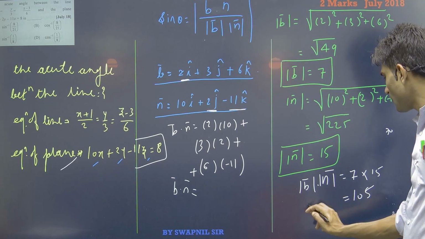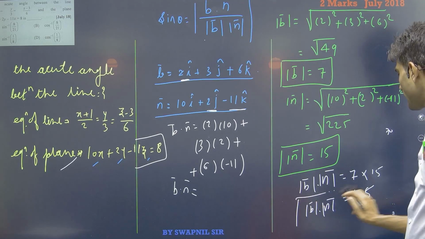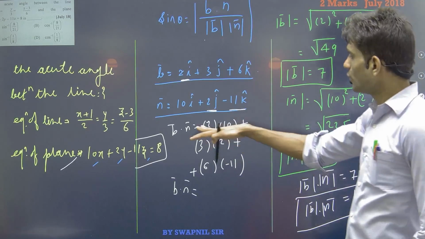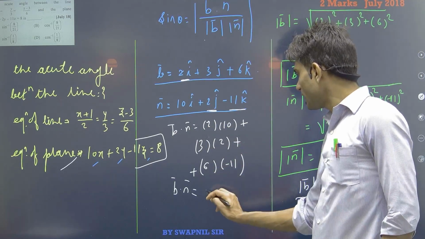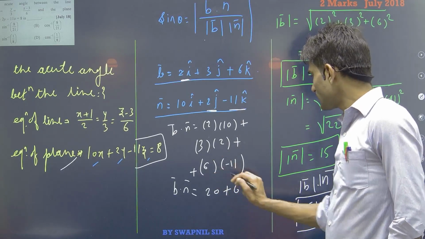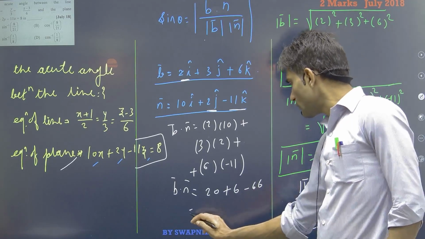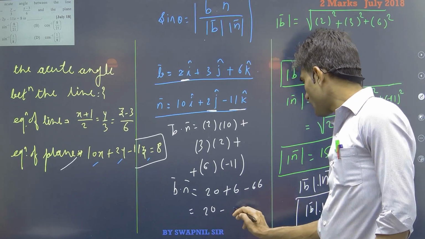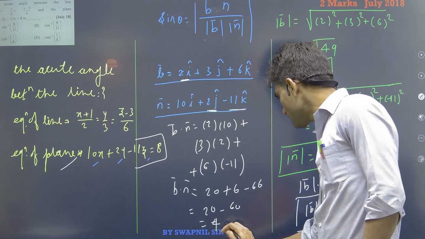So I got the modulus of b bar into modulus of n bar as 105. For the numerator b bar dot n bar: 2 tens are 20, plus 3 twos are 6, minus 11 sixes are minus 66. So 20 plus 6 minus 66 gives minus 40. Yes, it is minus 40 here.